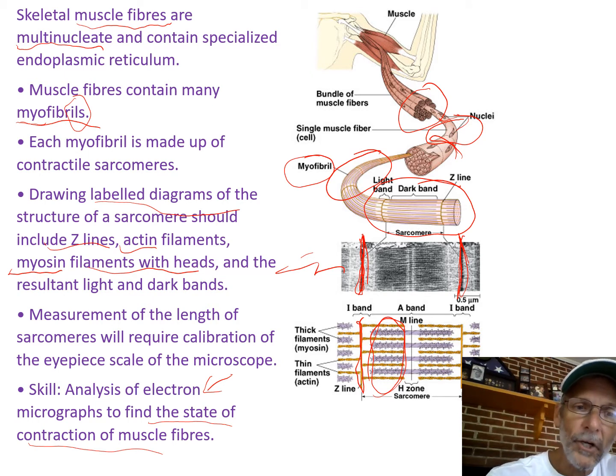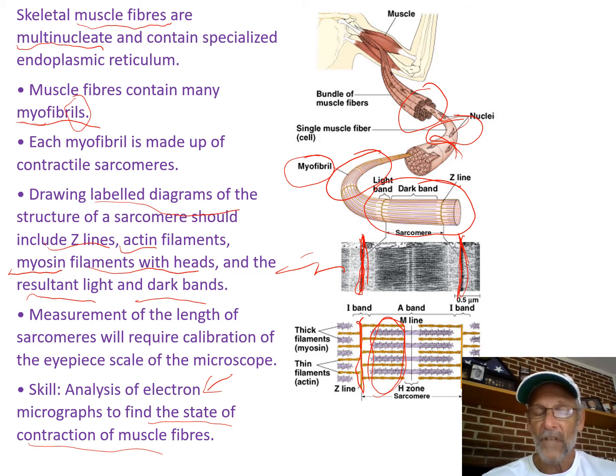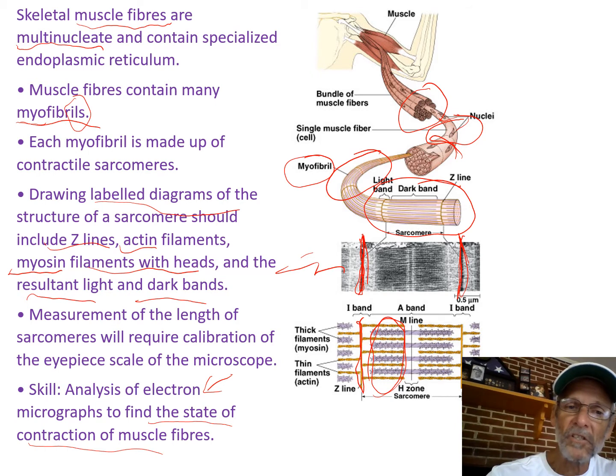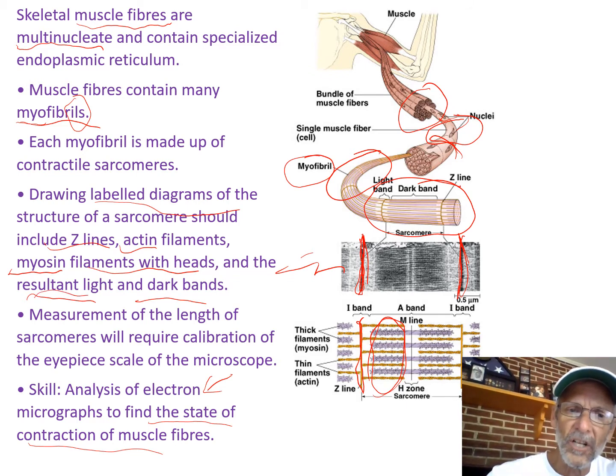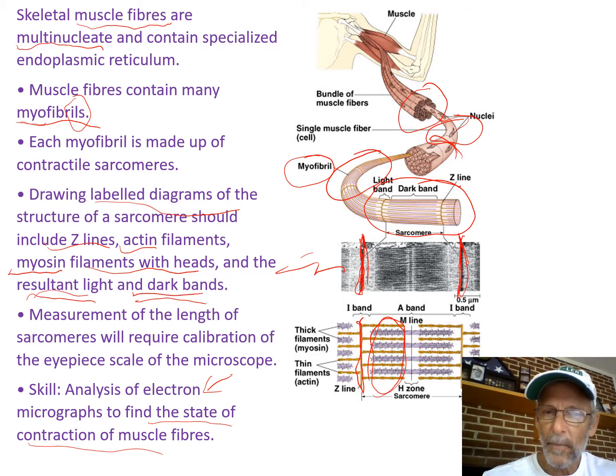And then here, they want you to be able to diagram this, but more likely they want you to describe what happens to these light and dark bands when this muscle contracts and when it doesn't, because a muscle contraction is due to each individual sarcomere contracting and relaxing. So what makes these bands light and dark is basically where the myosins are interacting with the actins.